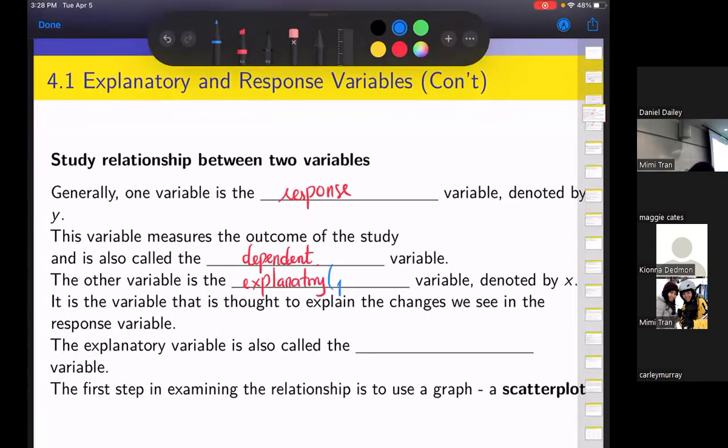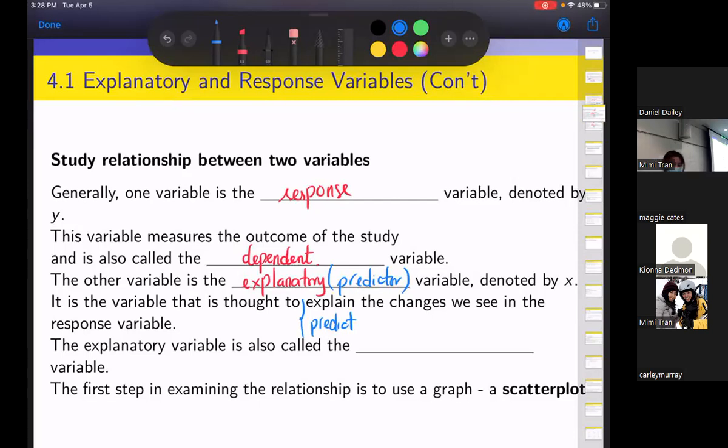A lot of times I call it predictor, and especially professors, I remember my prof in grad school, they all say predictor. They rarely say explanatory. Maybe it's easier for them to pronounce. Denoted by X. It is the variable that is thought to explain or predict the changes we see in the response variable.